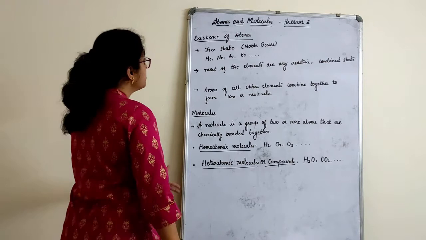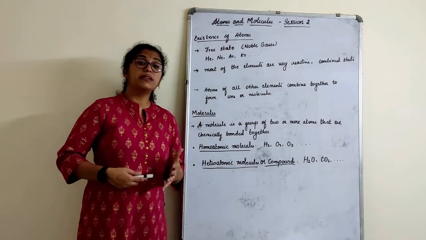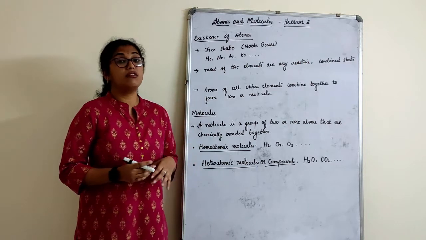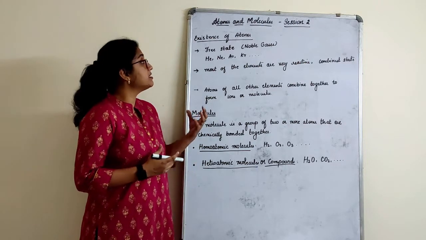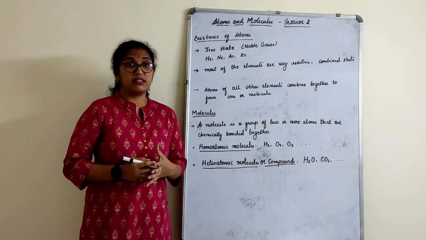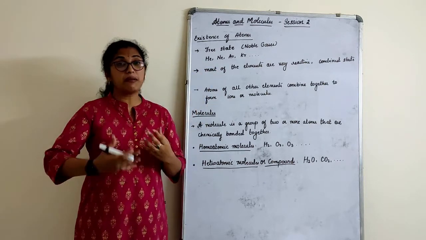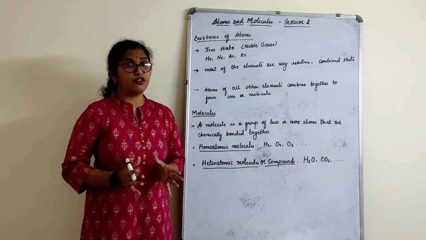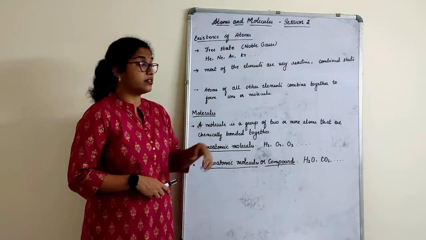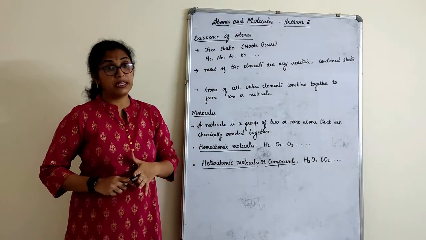Existence of atoms. Sometimes the atoms of these elements also exist in free state, and also they exist in combined state. Free state in the sense that they do not take part in the chemical reaction, they are free from everything. Why they do not take part in the chemical reaction, you will study that further. These are called noble gases.